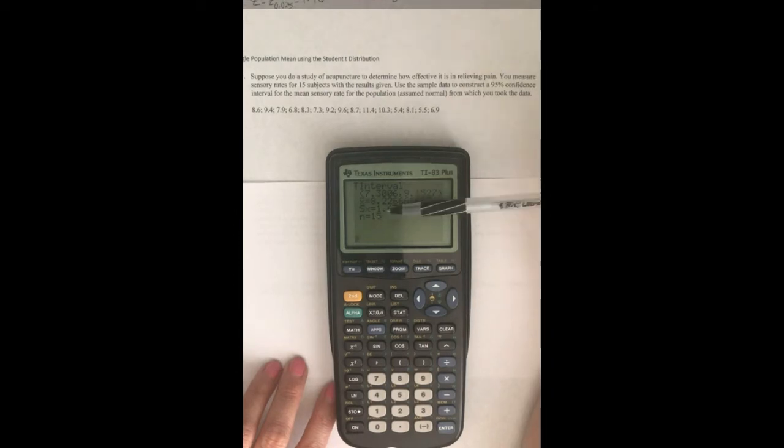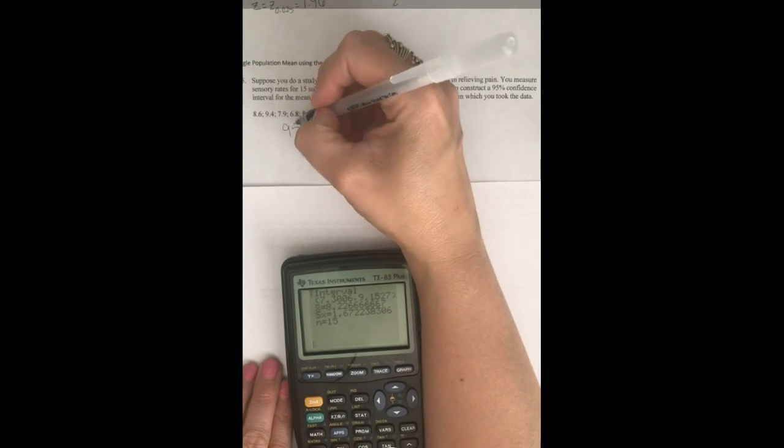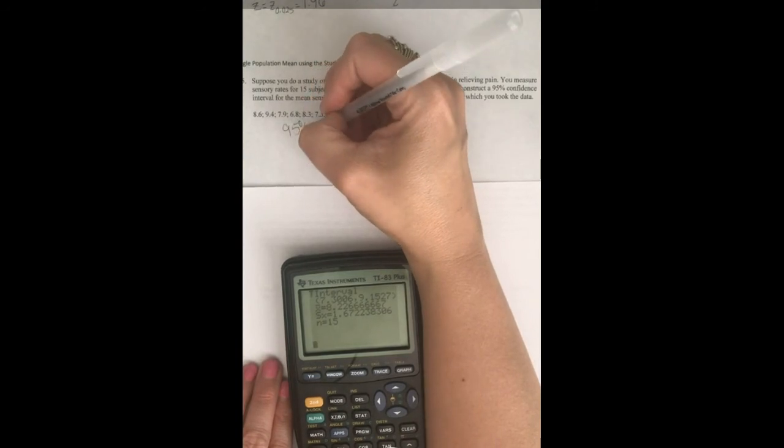So what this answer tells us is that we can estimate with 95% confidence that the true population mean sensory rate is between 7.30 and 9.15.